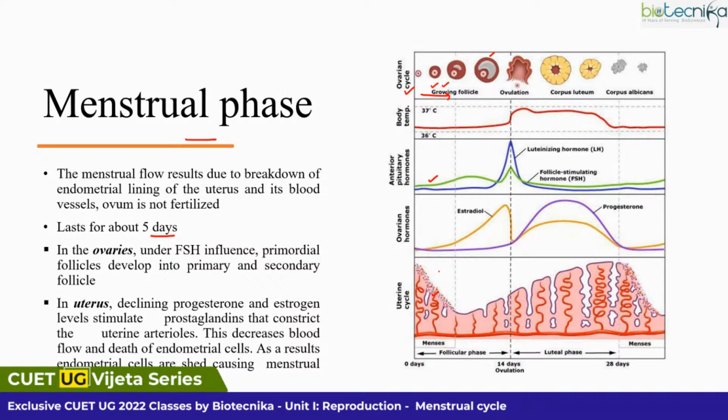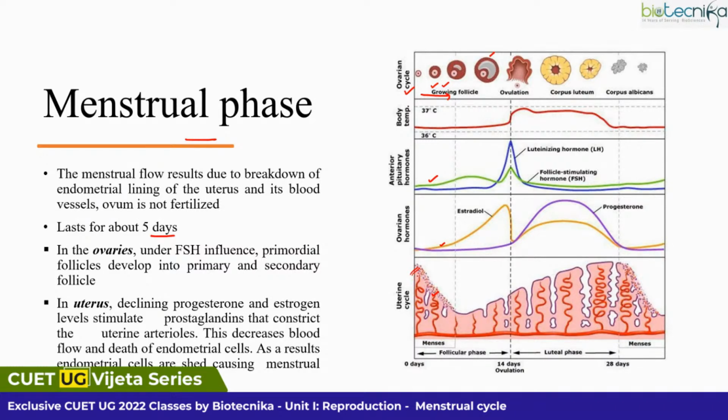In the uterus, because there is no fertilization, the progesterone and estrogen levels will be less, as you can see in this figure. Because their levels are less, it will stimulate the release of prostaglandins. There are arterioles that supply blood to the cells present in the endometrium.